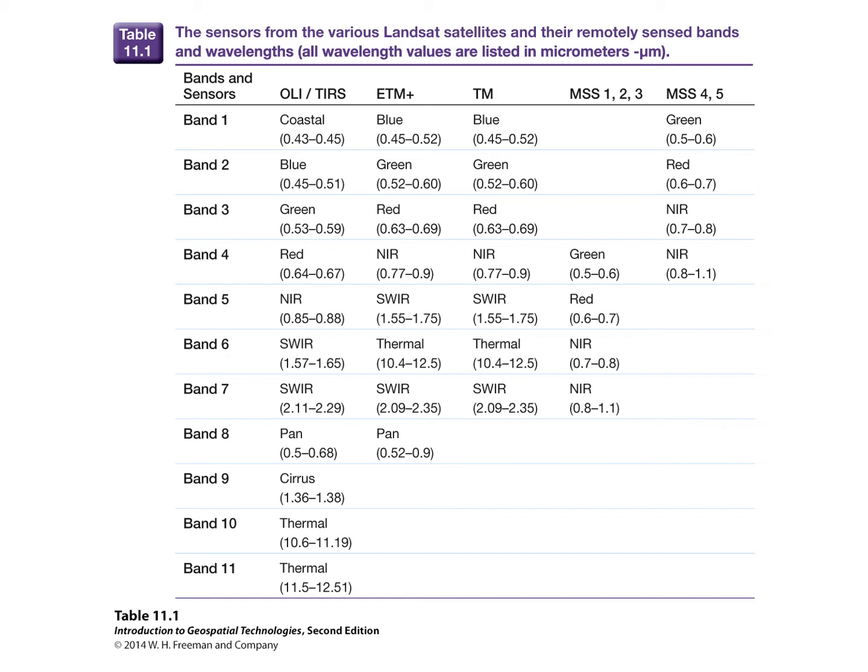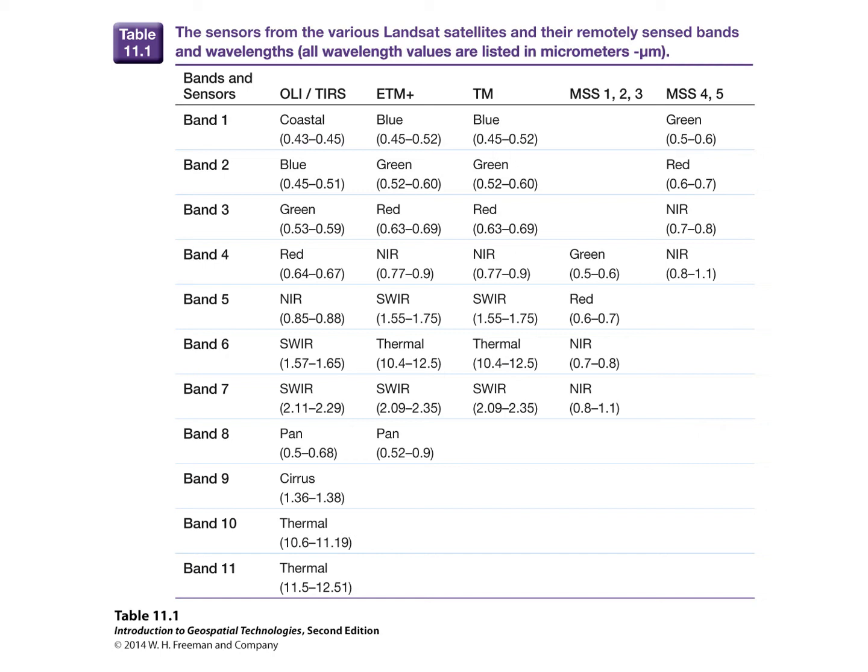But in general, just to give you some idea of what some of these bands might be, if we're looking at the satellites that have the OLI and the TIRS sensors, with 11 bands of information, you get a 0.43 to 0.45, which is a sort of narrow blue. They call it a coastal blue.